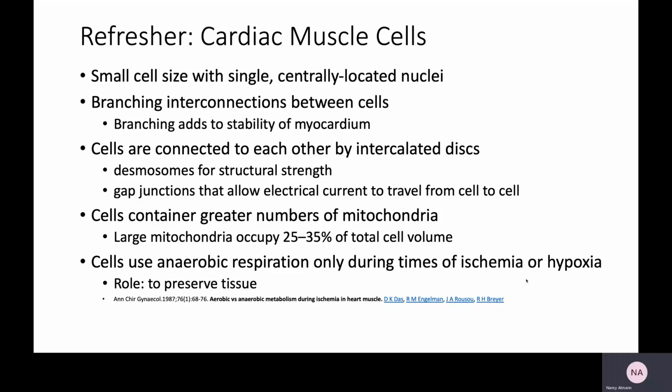These cells are going to contain a large number, relatively speaking, of mitochondria. And in fact, about 1/4 to 1/3 of total cell volume is going to be mitochondria.